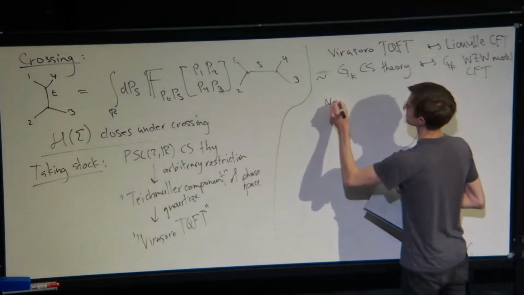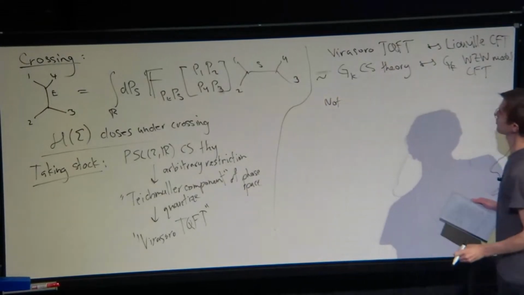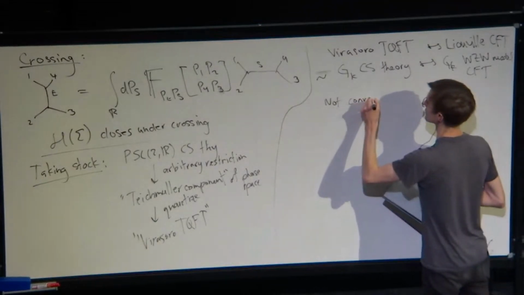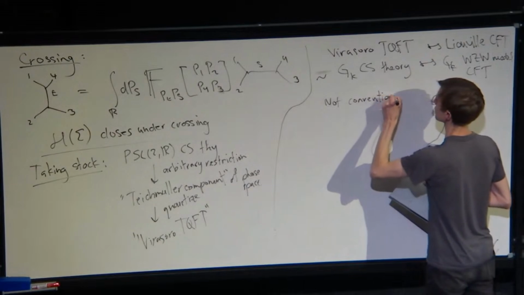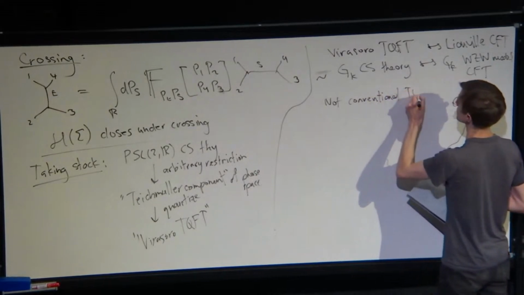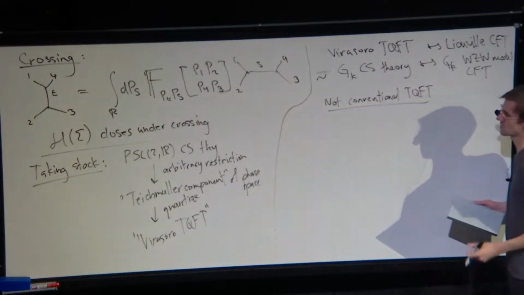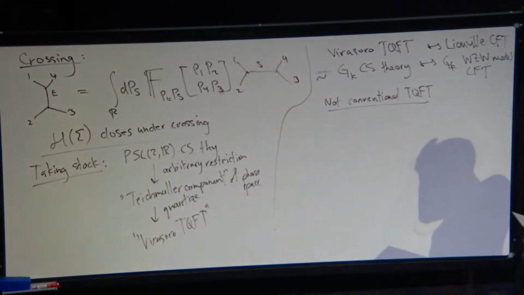However, perhaps as a consequence of this rather sharp analogy, it's in a few senses not a very conventional TQFT, like those that one encounters based on, say, modular tensor categories.